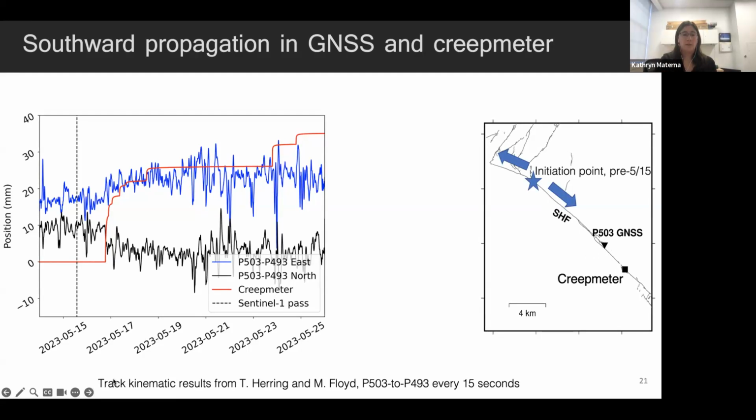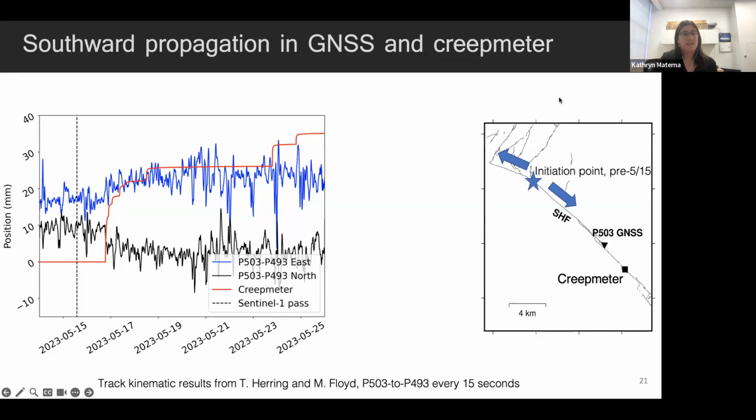So the kinematic positioning results from Tom Herring and Mike Floyd, processed in track for this station, P503, the differential position relative to a nearby station, produced at a 15-second interval and then smoothed, give us a sense of when the creep reached the GNSS station.